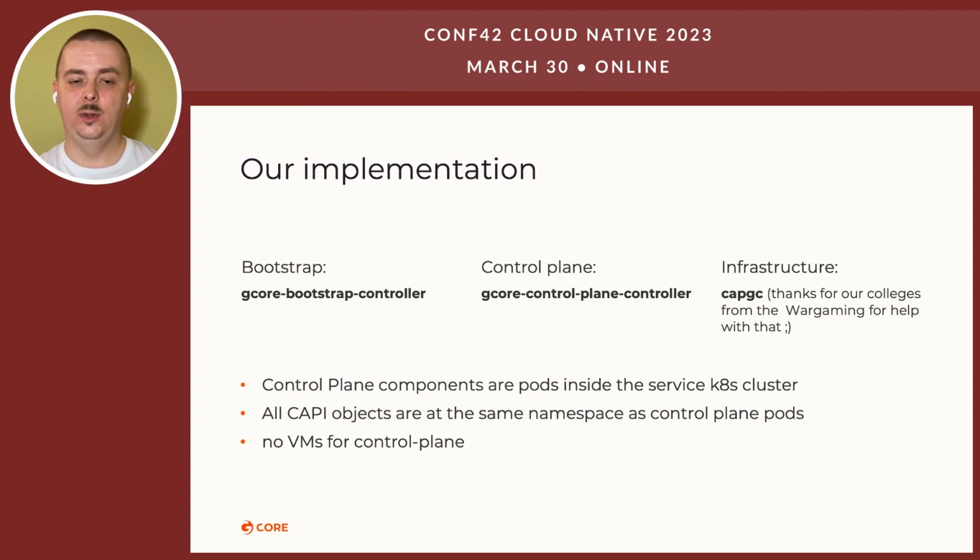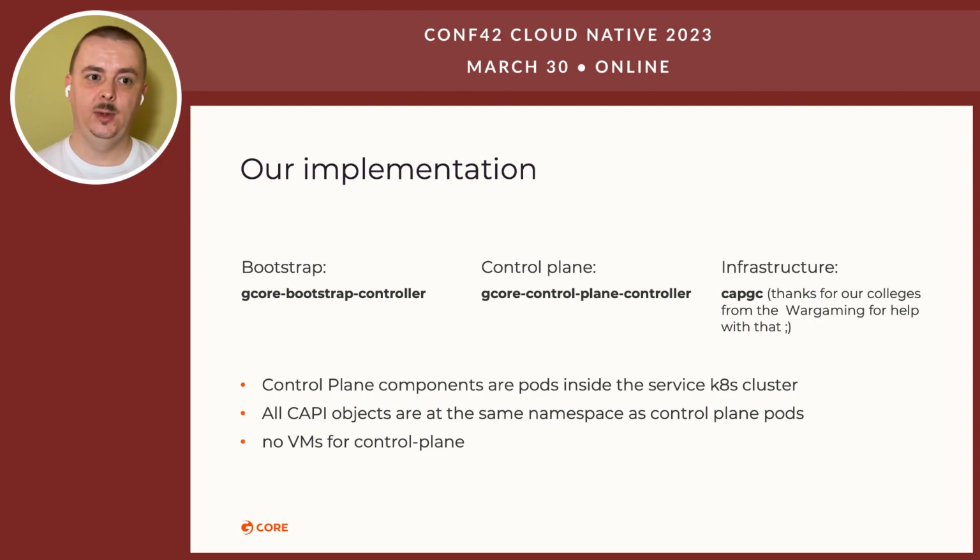So we decided to do it our way, and this is our implementation of the cluster API. We decided not to use 3 virtual machines for the control plane. We already have a Kubernetes cluster to handle cluster API, and we decided to put the control plane containers into the cluster as well.